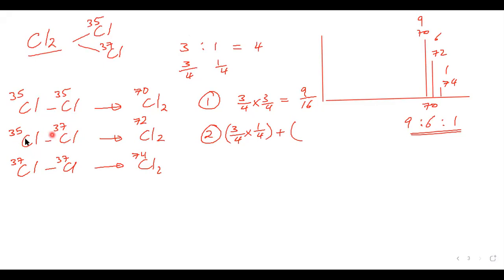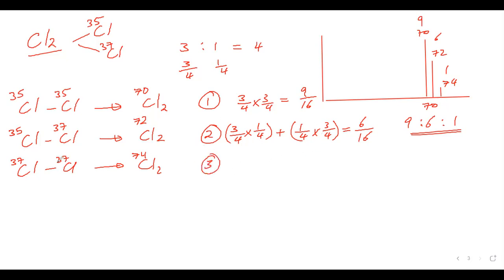In probability, we say either the first is 35 and the second 37, or else the first is 37 and the second is 35. So we add 1 over 4 times 3 over 4, and here we get 6 over 16. That is 3 over 16 plus 3 over 16.